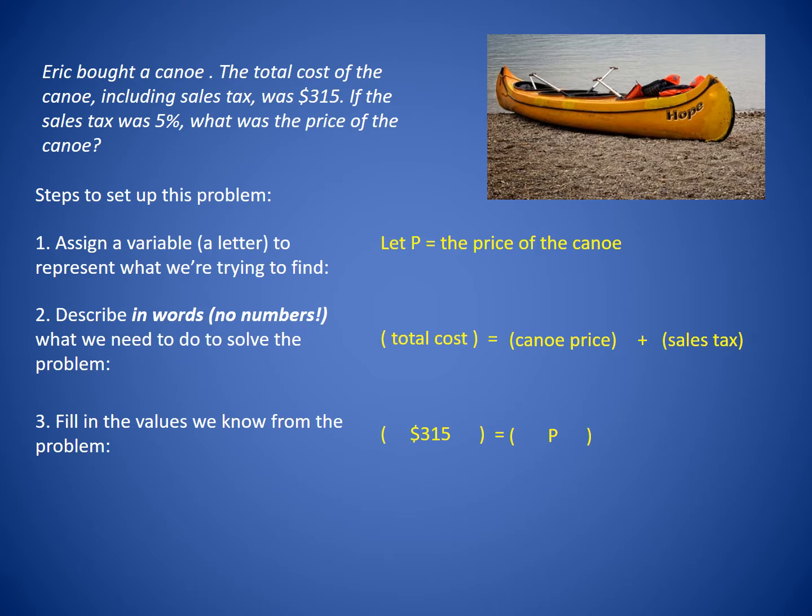So in this case, it's going to look a little bit funny, but it's the same thing we did in the other problems. It's going to be 5% of, now since we don't know the canoe price, we're representing the canoe price by the letter P, it's going to be 5% of P. Remember, this was like 6% of the milk price in the previous problems, but this time it's the same thing. It's a percent of the price of the item, so it's 5% of P.